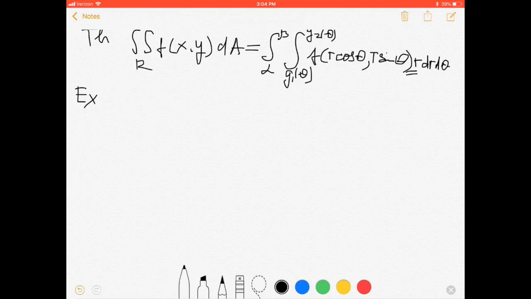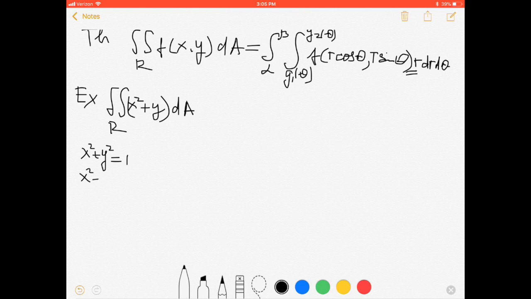Let's see an example. We need to evaluate the integral over region R of x squared plus y dA, where our region is between two circles, one x squared plus y squared equals 1, the second one x squared plus y squared equals 5.